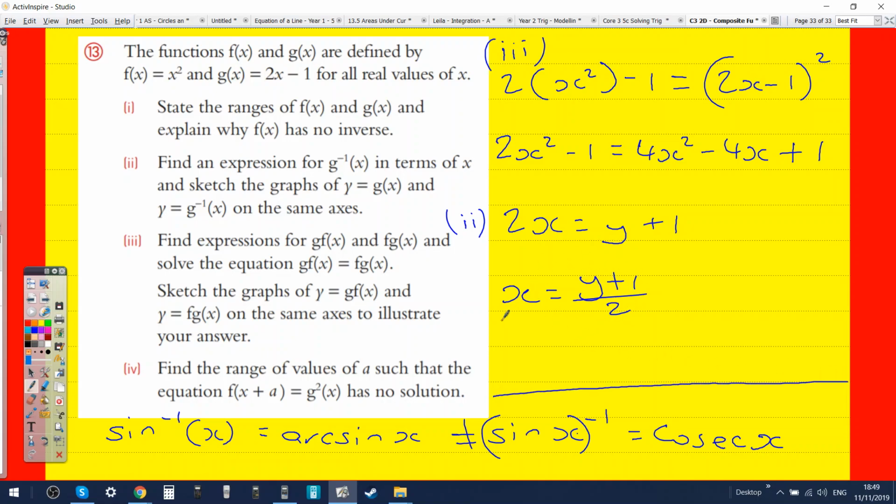One last thing you need to do. Sketch the graphs of y equals 2x. No. You have to swap them back and do a little extra thing. Okay, so y equals x plus 1 over 2.